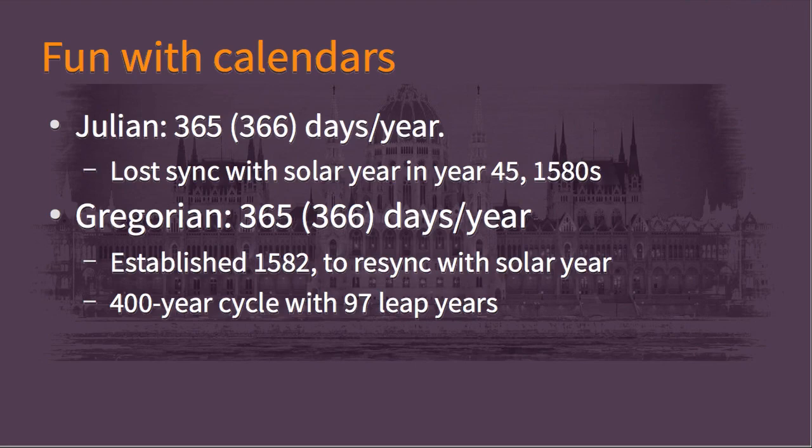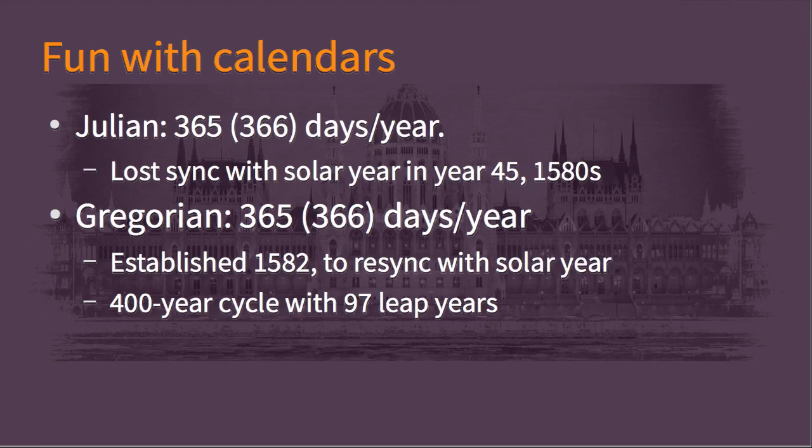And that's what prompted the next calendar, the Gregorian calendar, which was established to fix the problem of the Julian calendar that Europe was using, having lost sync, and to change the rules for which years have 365 days and which have 366 days in order to make it closer to the sun's actual relationship to the Earth.